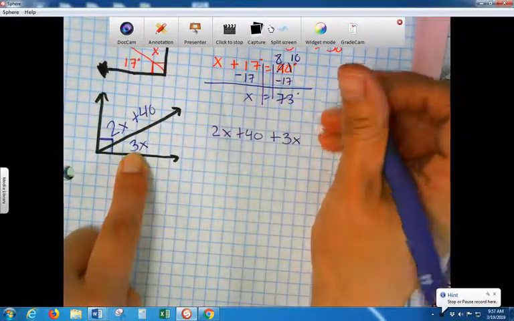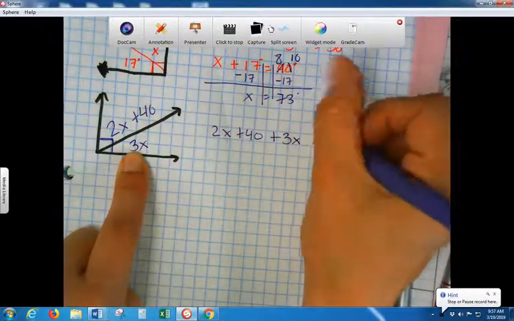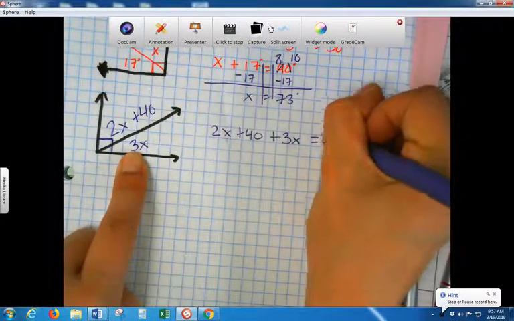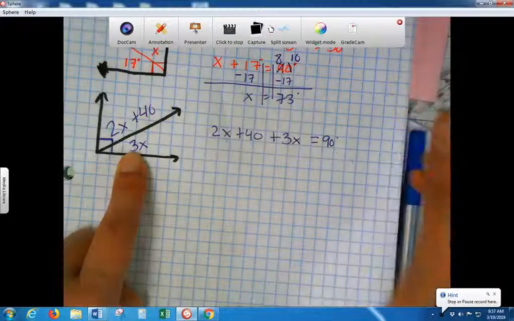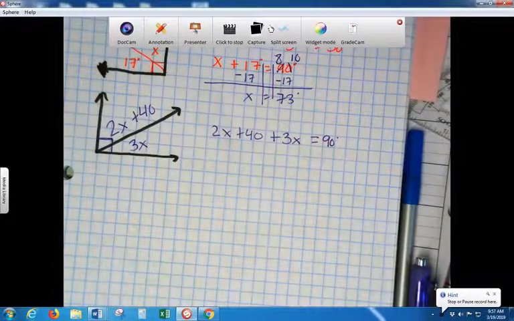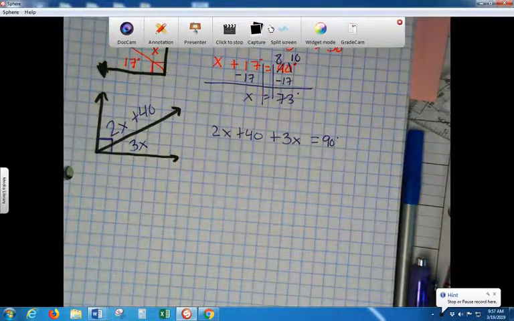Guys, as soon as I start writing, guess what you're going to be doing? You're going to be writing. Or you wrote it before I did. So, don't let this confuse you. This 2x plus 40 is like the 17, right? And then this 3x is like your x. So you just write it down, because you know that this plus this is going to give you 90.